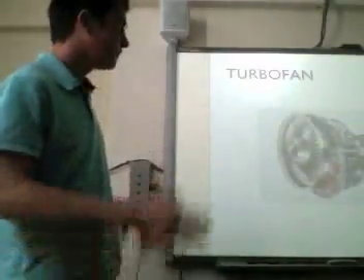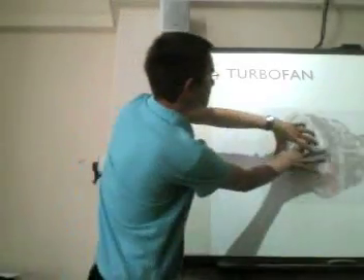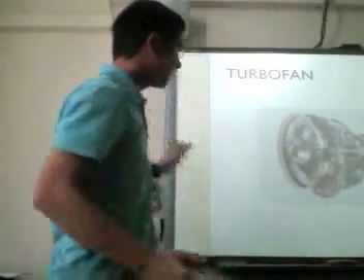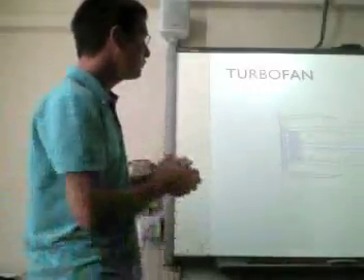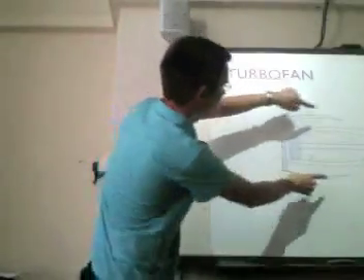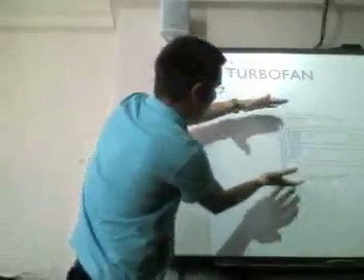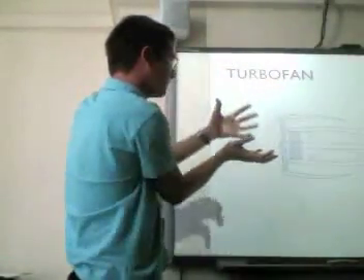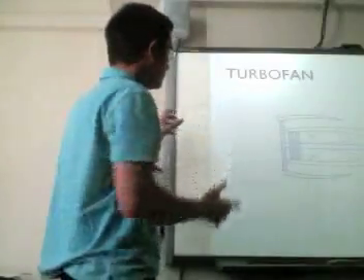The difference between the turbojet and turbofan is that in front of the turbofan you have this huge fan that acts like a propeller, in fact a real propeller. You recognize the turbojet, and in front of it there is the fan with a bodywork that is designed to drive air into the engine.